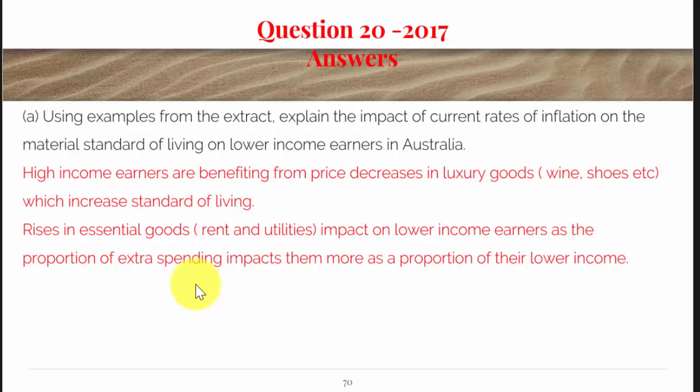So it really hits the people at the lower ends a lot more through these increased prices of these essential services.